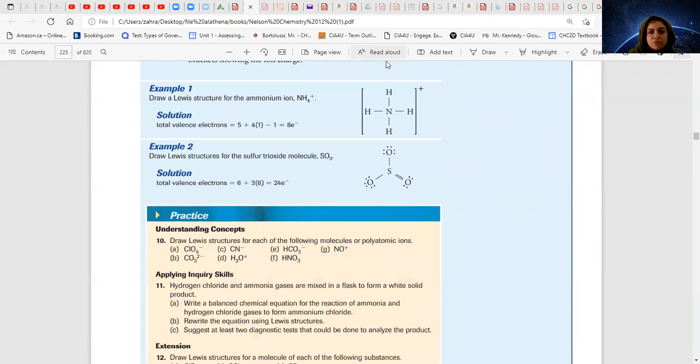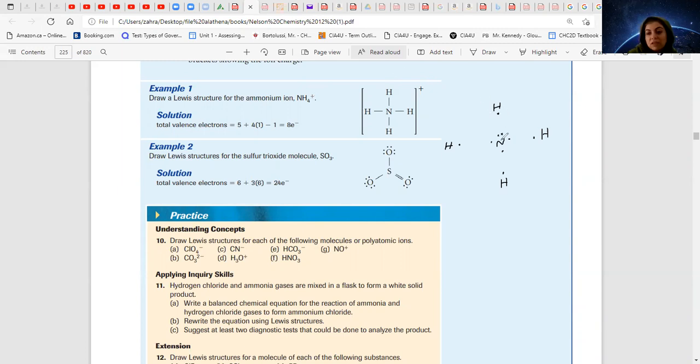So here is NH4 plus, the same thing. N has 1, 2, 3, 4, 5. And hydrogen. Okay, since this is plus, here is a positive charge, right? You need to take away an electron. So hydrogen loses an electron much more easily.